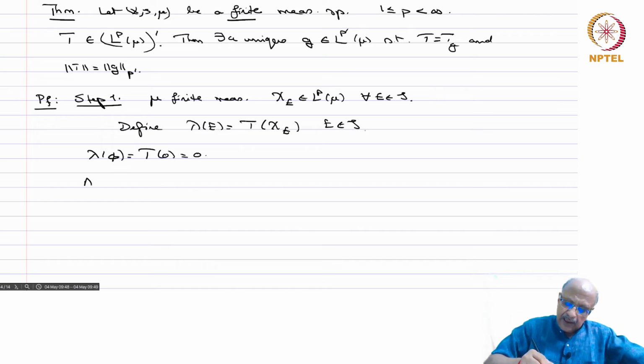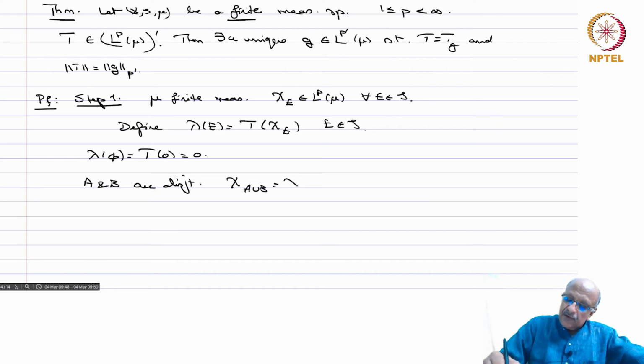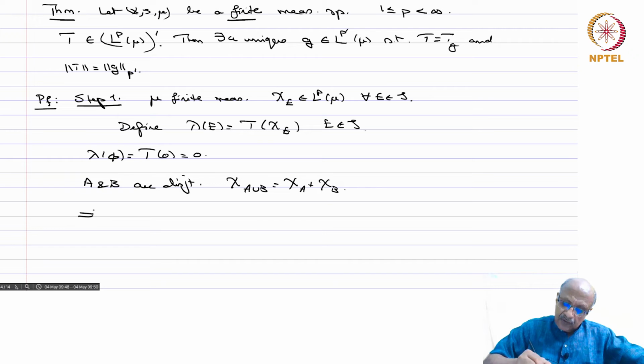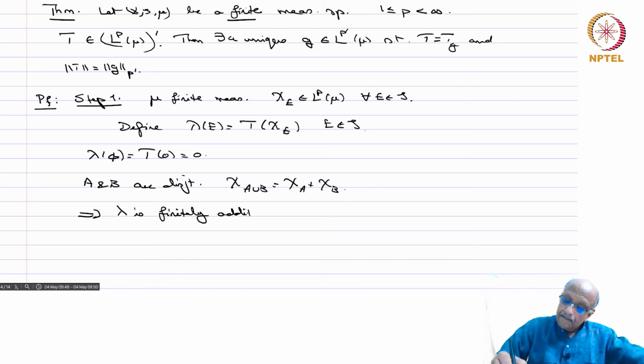Now if A and B are disjoint, then chi of A union B is chi of A plus chi of B. So this implies that lambda is finitely additive, since T is linear.